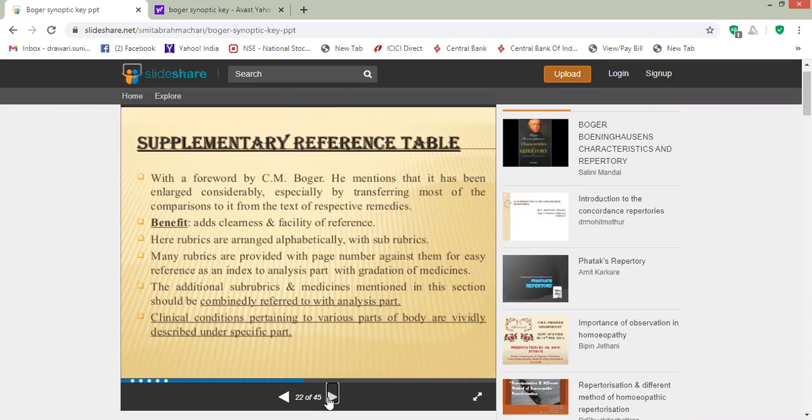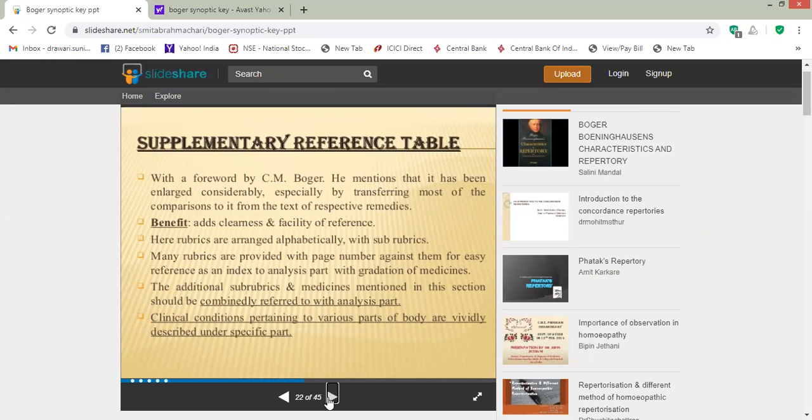Many rubrics are provided with page numbers against them for easy reference, as an index to the analysis part with gradation of medicines. The additional subrubrics and medicines mentioned in this section should be combinedly referred to with the analytical part.